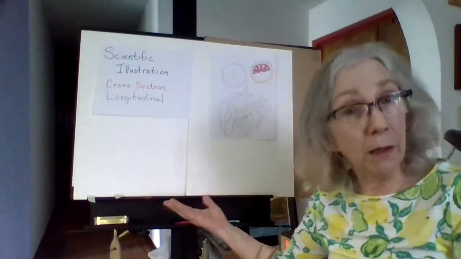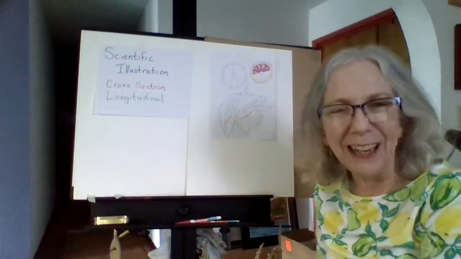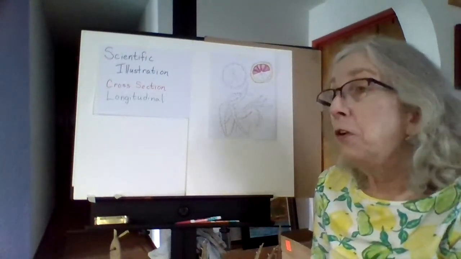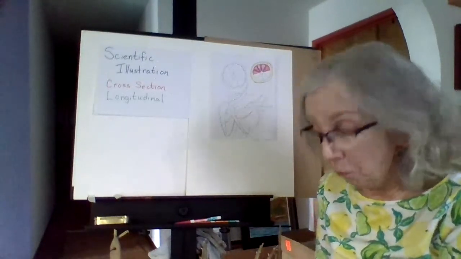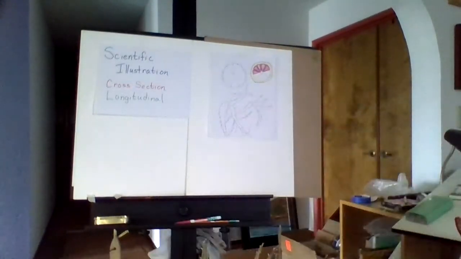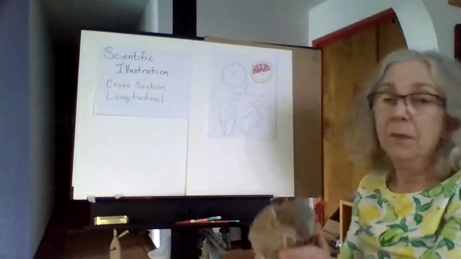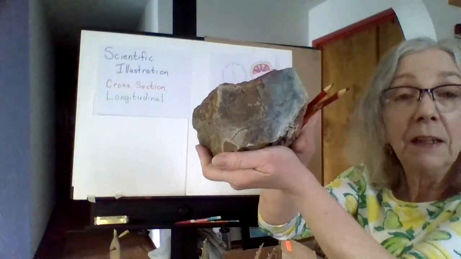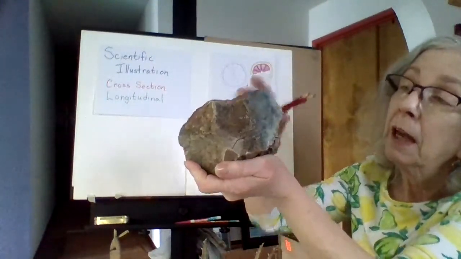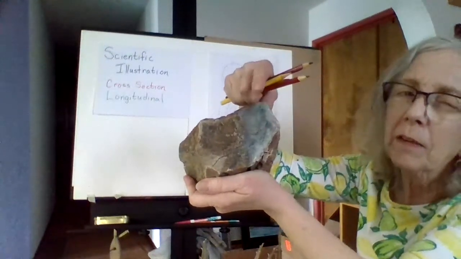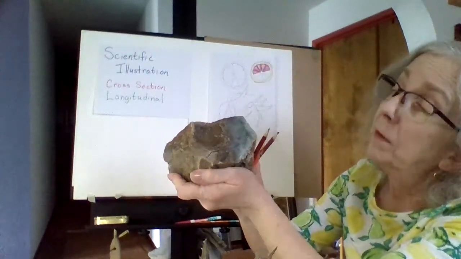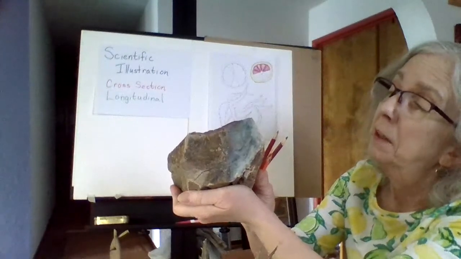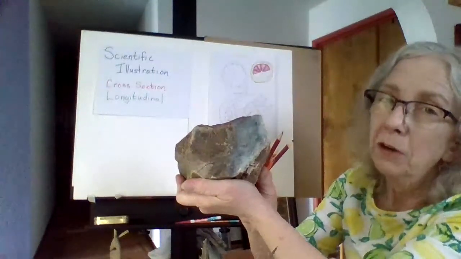And you can be a botanist, exploring the plants around you. You could be a geologist and explore the rocks around you. And I'm wondering what this is. I'm going to have to talk to somebody about this and have this identified. It just interests me too much.